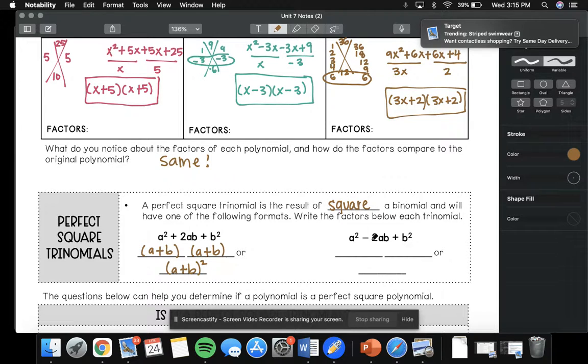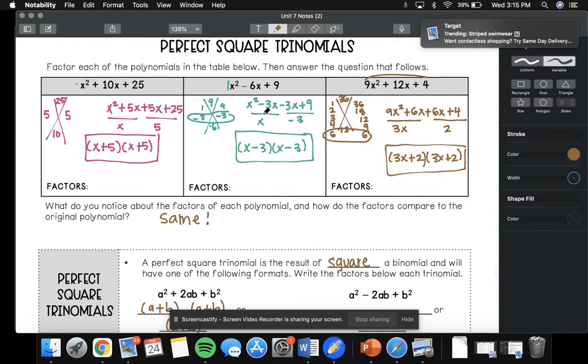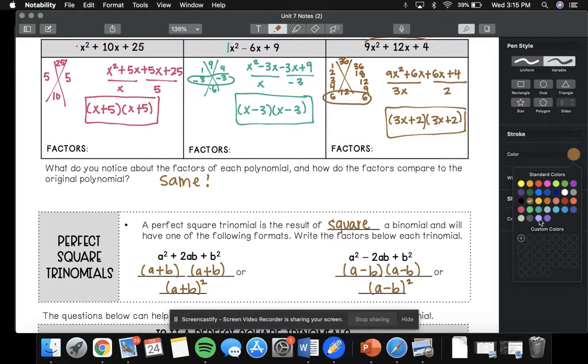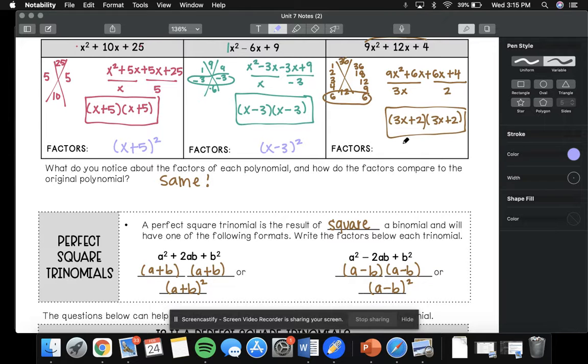For this one, which is very similar to this problem right here, we simplify and we would get a minus b times another a minus b, or we could rewrite that as a minus b quantity squared. So we're going to go back to the beginning and rewrite these answers even simpler. If we ever notice that we get the same answer, we could simplify it as x plus 5 quantity squared. This one would be x minus 3 quantity squared, and this one would be 3x plus 2 quantity squared.